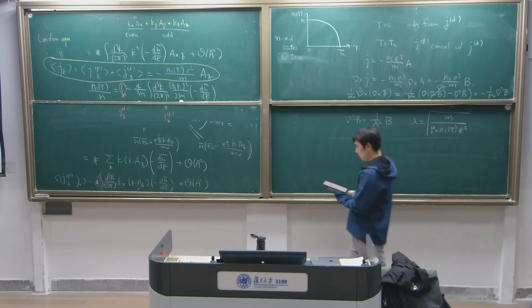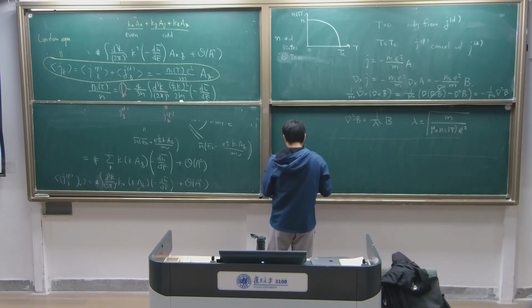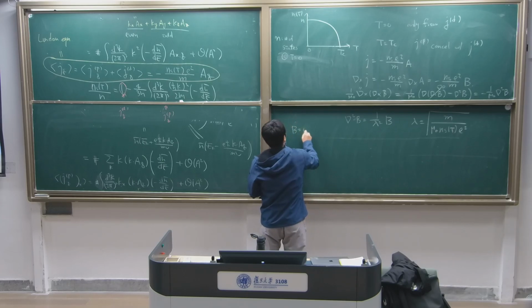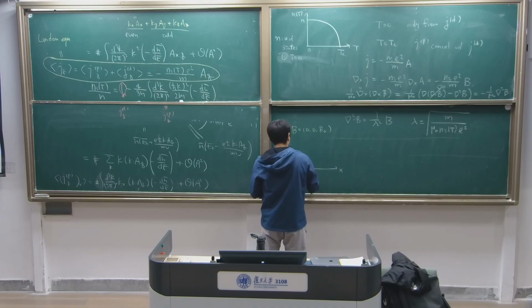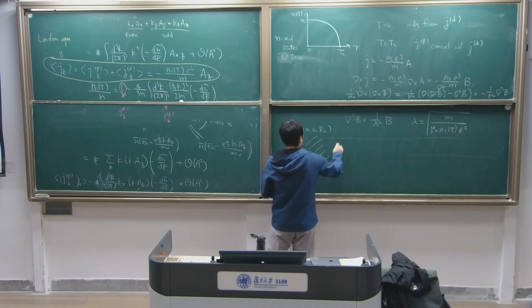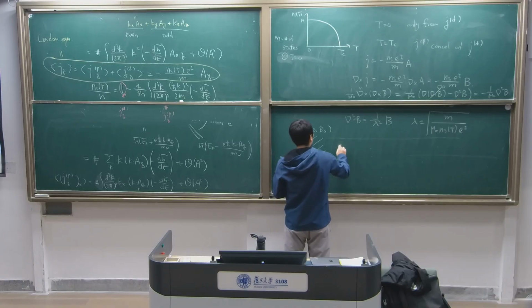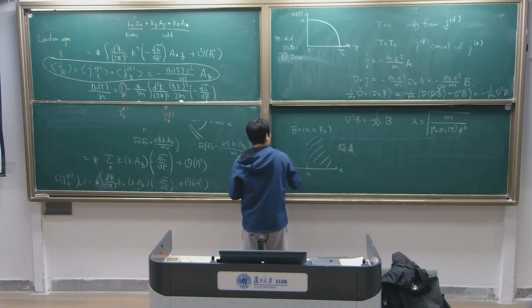Suppose we have the B field is something like 0, 0, 0. So in the field, and x is like here and 0, and from here superconducting material. And this is the vacuum is like this.